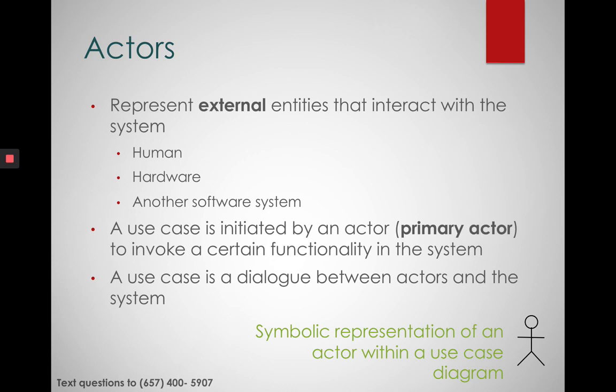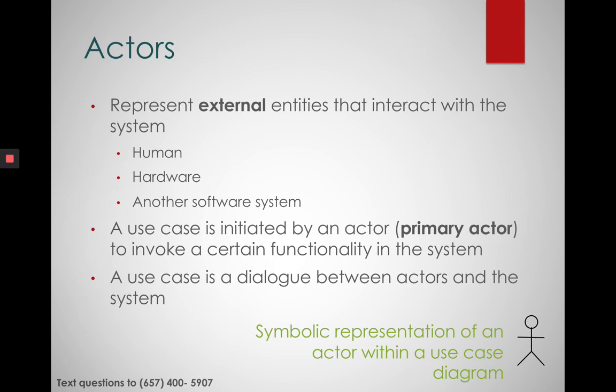In every use case, there's a primary actor, and this is the one that has the goal that the use case is trying to achieve. There can also be additional secondary actors that are just involved in the use case and not necessarily the ones initiating it.